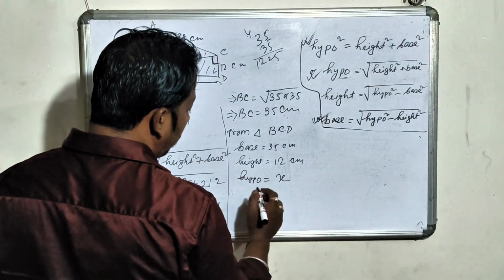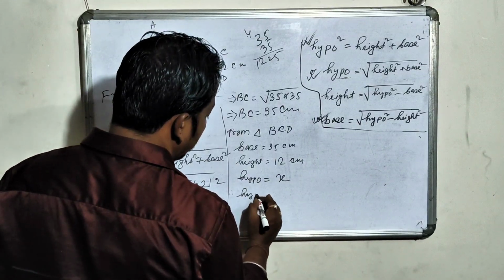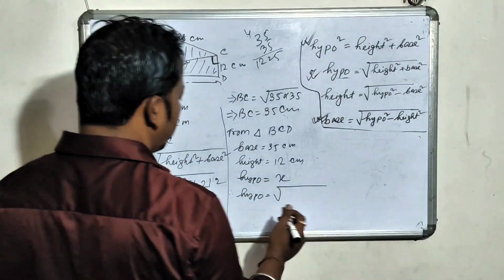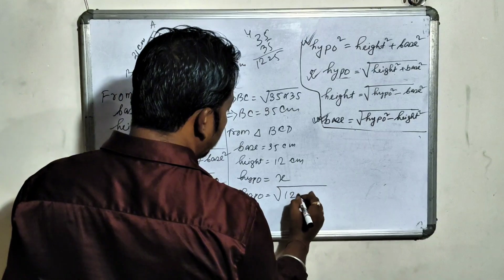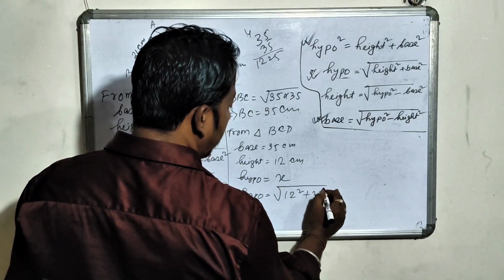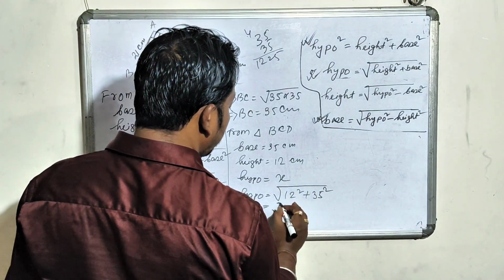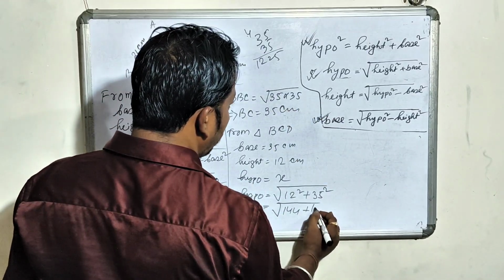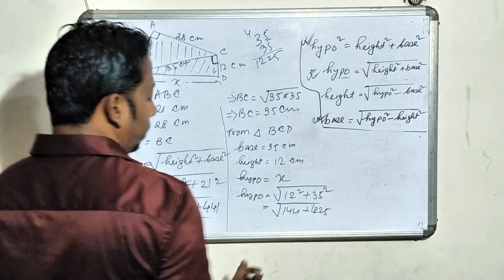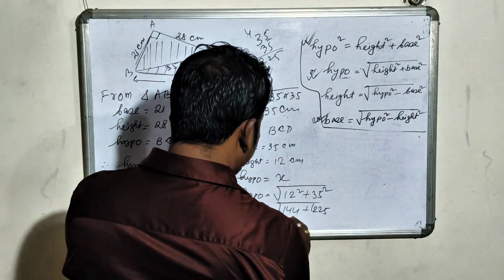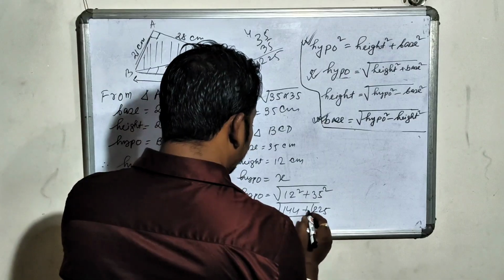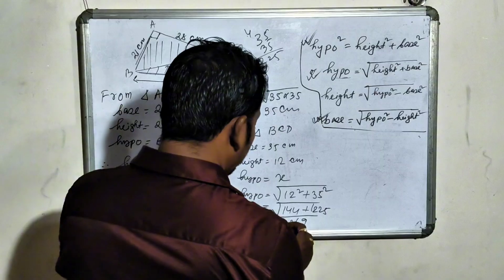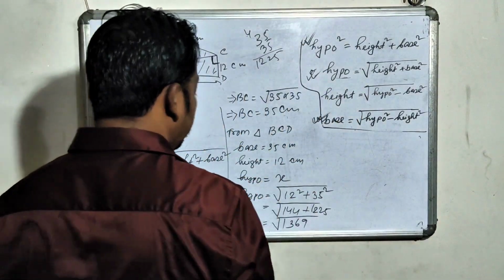So from the law of Pythagoras theorem, hypo square equals height square plus base square, simply putting the values, 12 square plus 35 square, that is 144 plus 1225, that should be 1369.